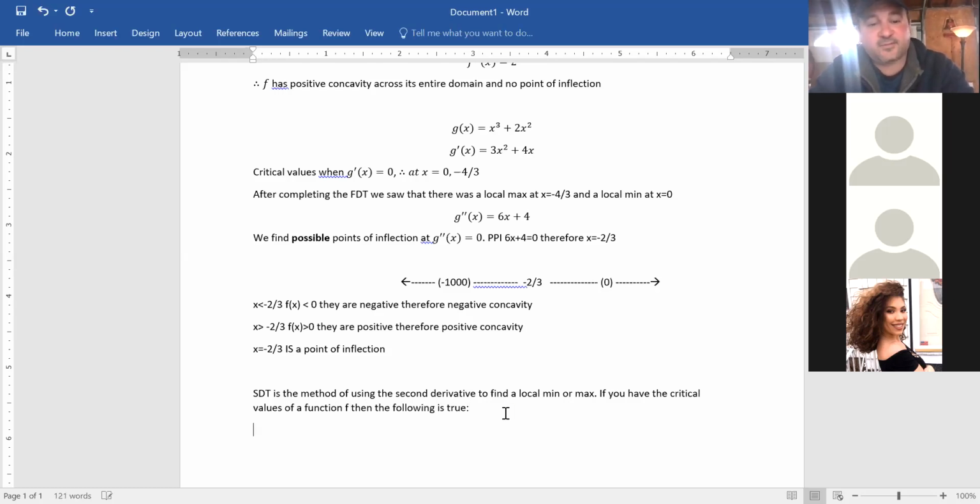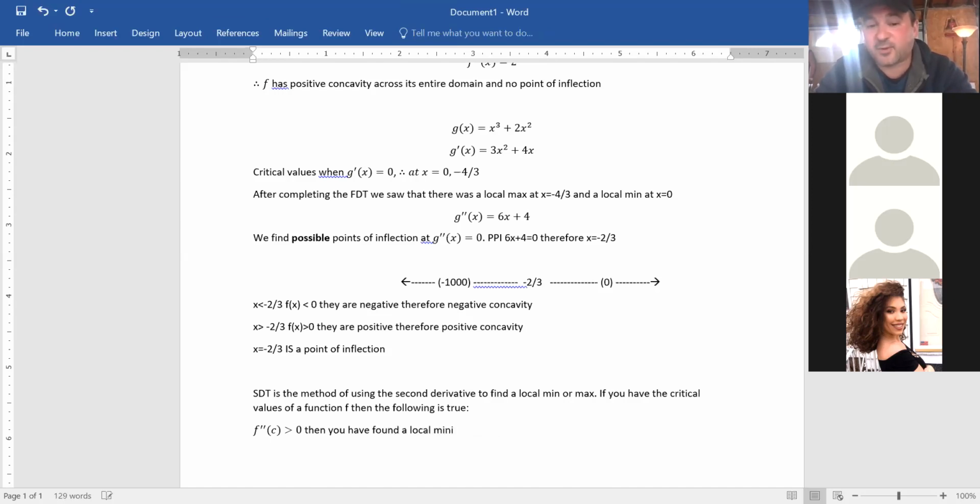If f double prime of c, where I'm going to use c as the critical value, is greater than 0, then you have found a local minimum.